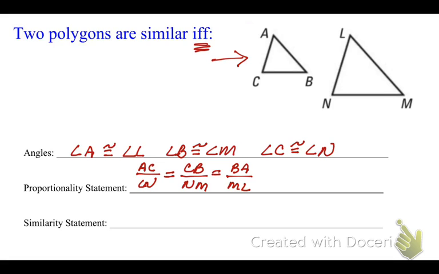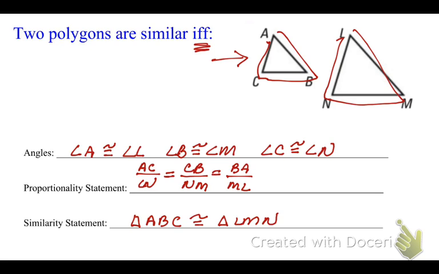In short, all these things had to be true in order for us to make the similarity statement, which would have looked like triangle ABC is similar to triangle LMN. Notice that I'm keeping the letters in order: A, B, C, L, M, N.